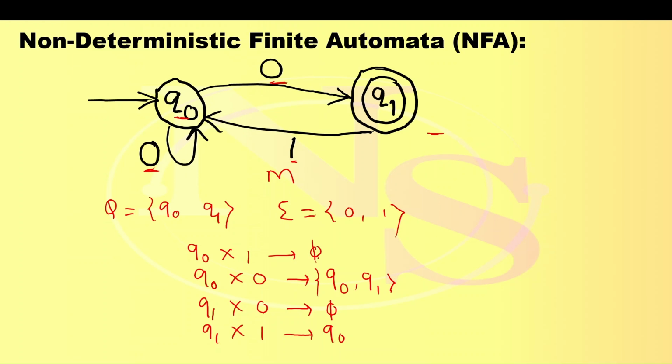Yes. If you observe in this scenario, one state reading one symbol going to more than one state, that is non-deterministic behavior. Or by reading one symbol, it's not going anywhere. It means that by reading one symbol, one state can go to 0 states, 1 state, or more than one state. That is not defined, but there is some restriction for that.